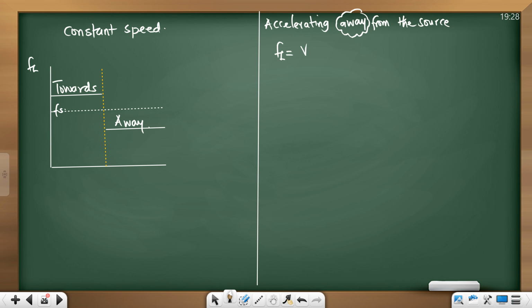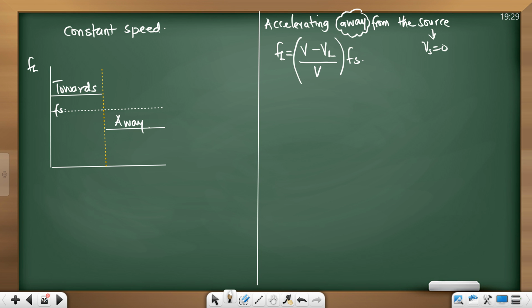FL equals to V, away tells us it's negative up there, right? So minus VL over V, because my source is stationary. Because this thing can change, I don't want you to cram it. I want you to look at the skill. If it is away, it is minus up. All right. Away from the source, it means my Vs is stationary. So I have that formula.